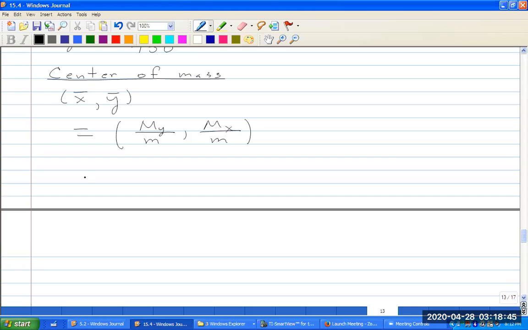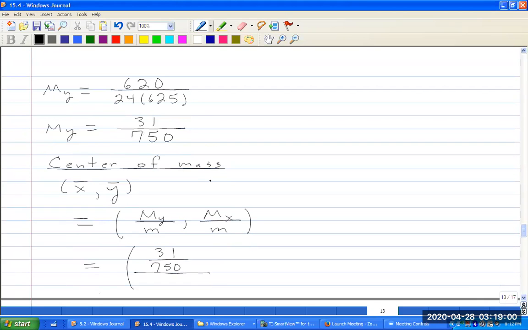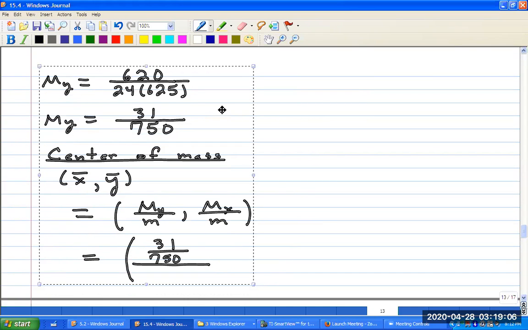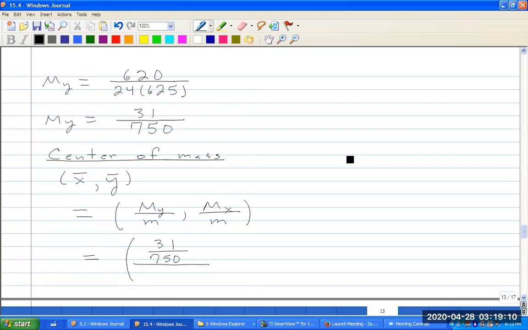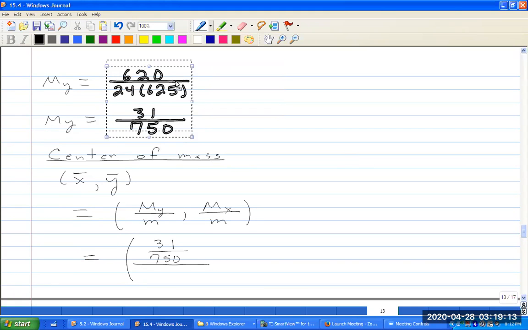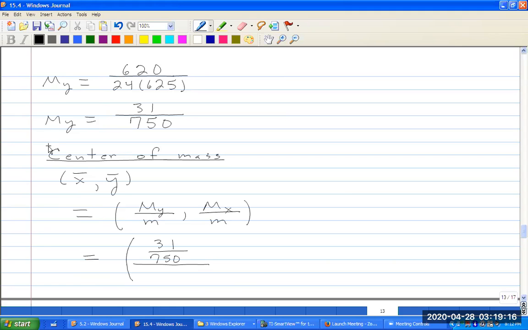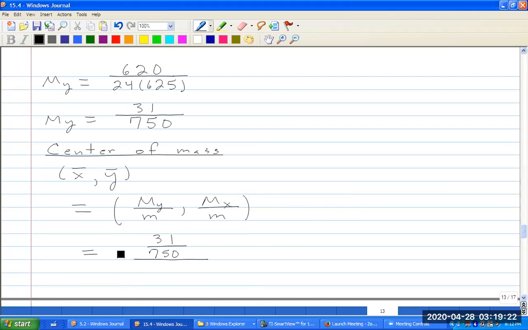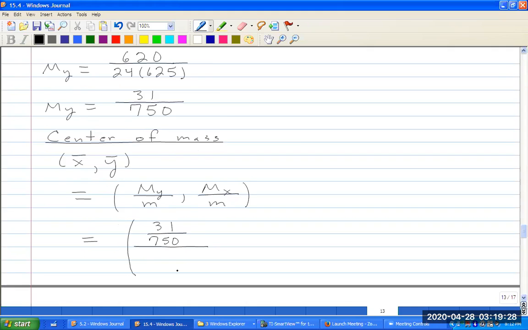So this is equal to 31 over 750 divided by, we have a little bit more space here, the mass is 2 over 25.